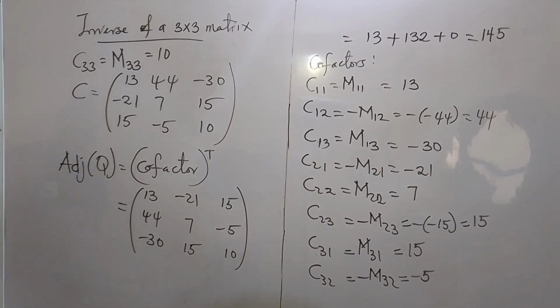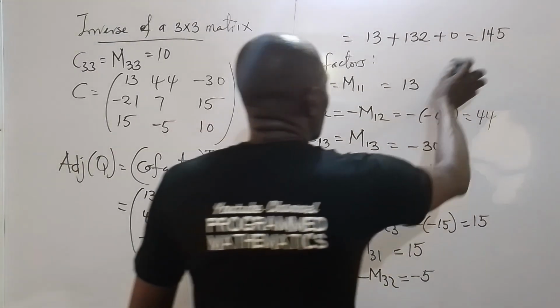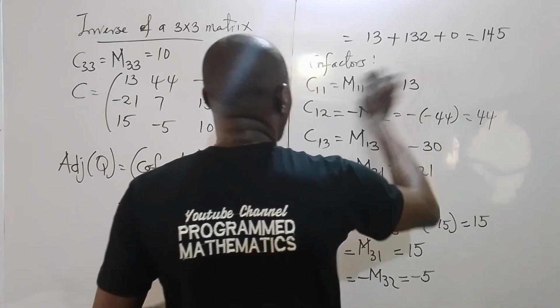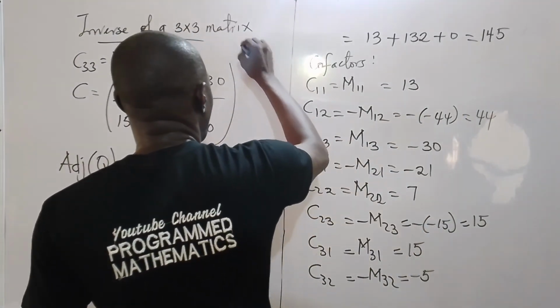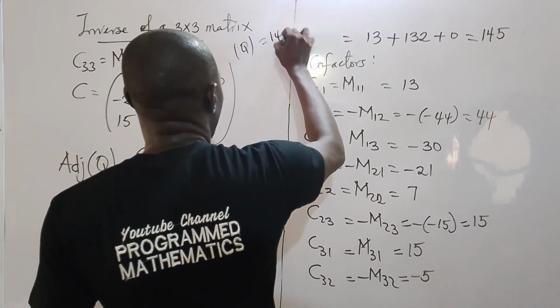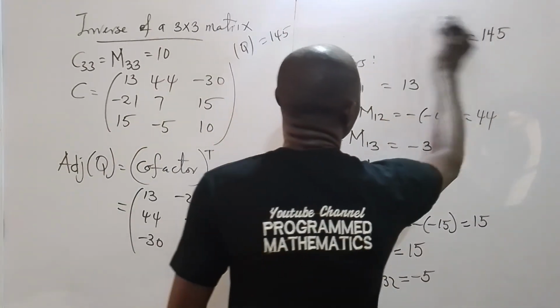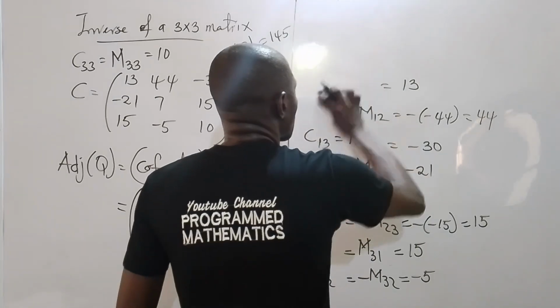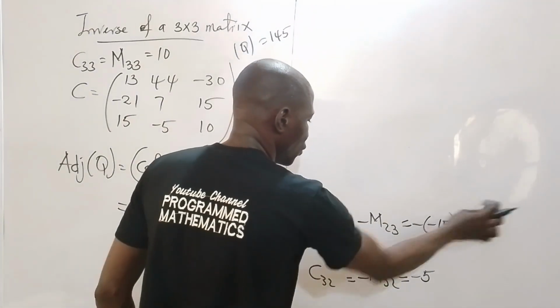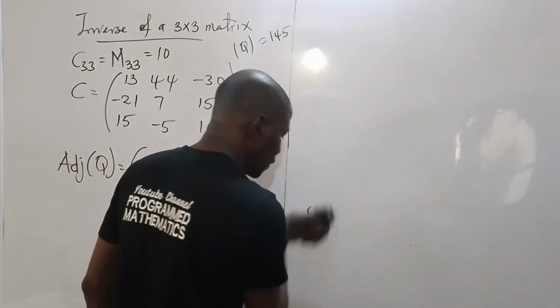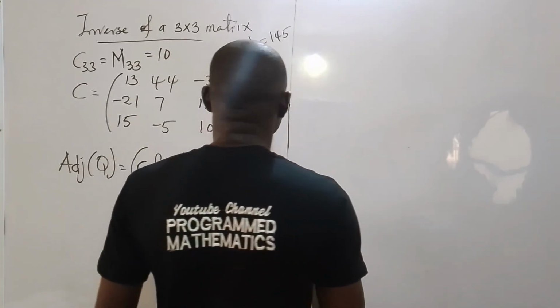Then the last part of it is getting the inverse of matrix Q. Don't forget the determinant of Q is 145. To find the inverse of matrix Q, we simply divide the adjoint by the determinant.